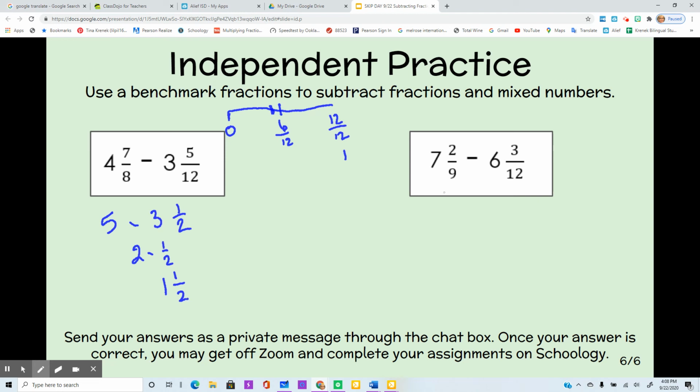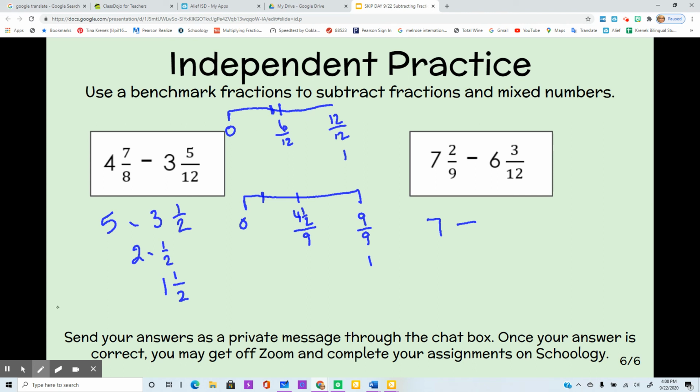7 2/9. So think about how many more you need to make 9. So here we go. We have our 9/9 is one whole. So 4.5/9 is exactly halfway. Then we have 2/9. So that's going to be closer to 0. So 7. And then we have 6 and 3/12. Well, we have 12 over here, so let's just use our same number line.